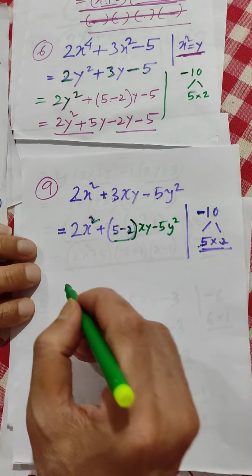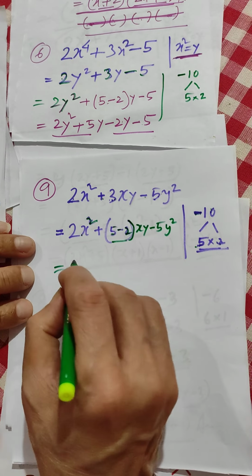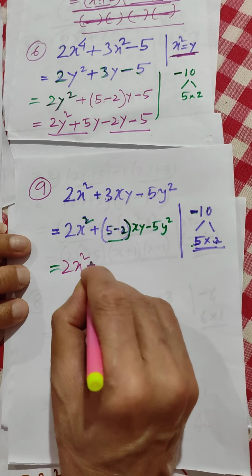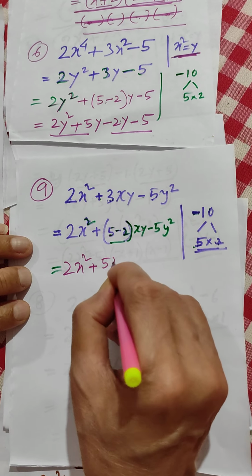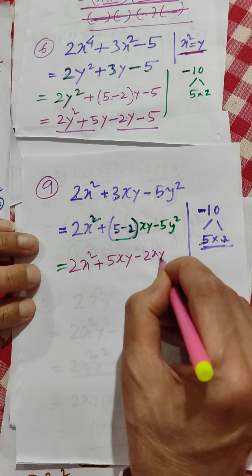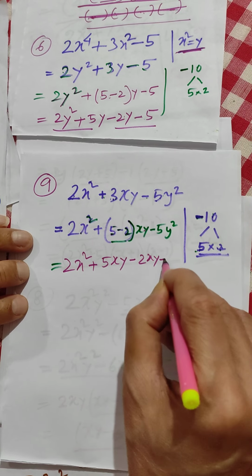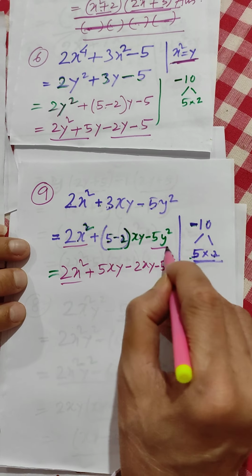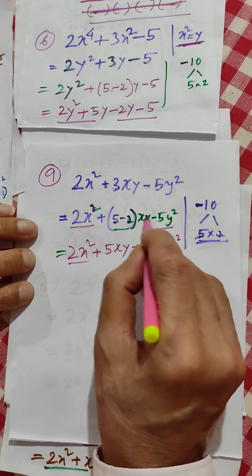Okay, now open the bracket: 2x square plus 5xy minus 2xy, then minus 5y square.